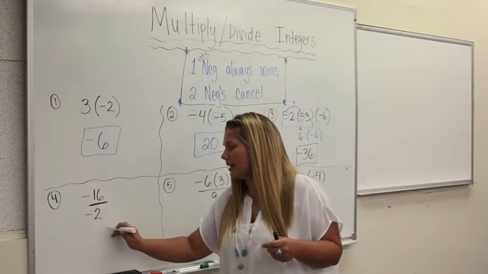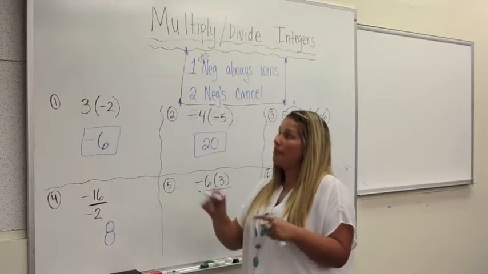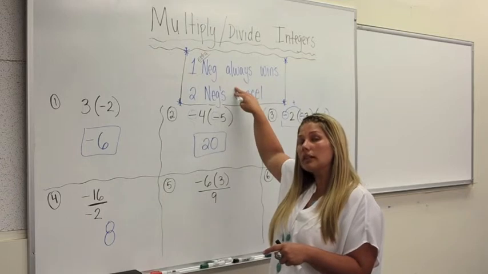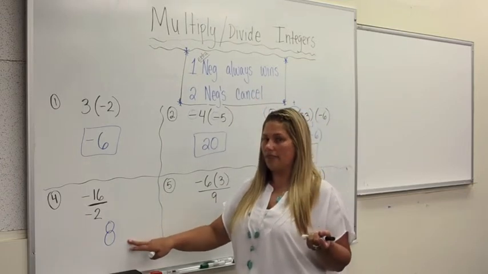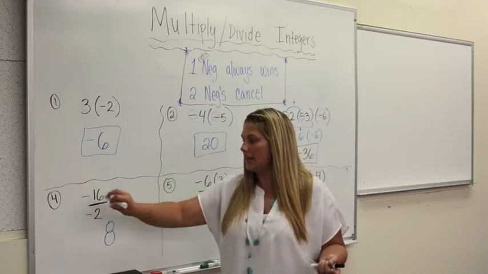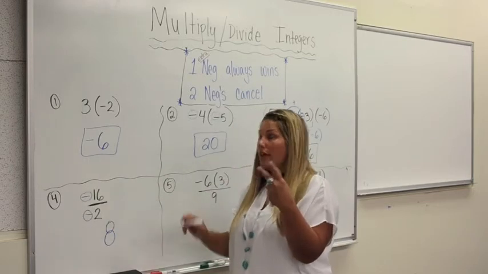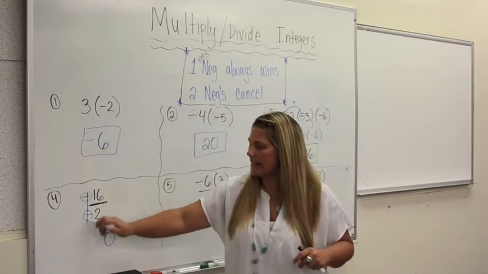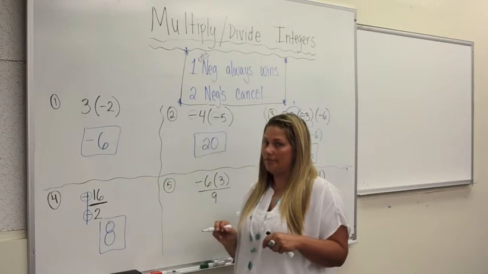Well, 16 divided by 2 is 8. But now let's go back to our rules and double check. Is that going to be a positive 8 or is it going to be a negative 8? Well, let's just count the negatives. I have 1, 2 negatives. And remember, 2 negatives cancel out, so this 8 stays positive.